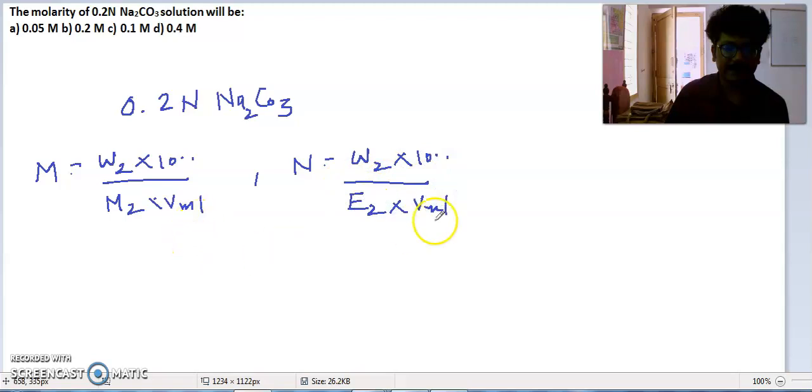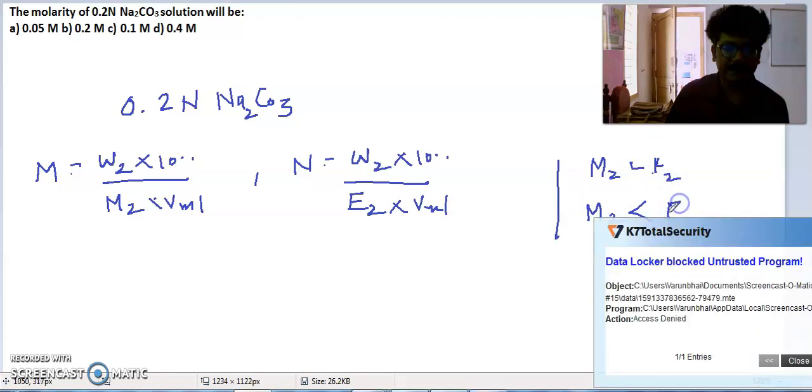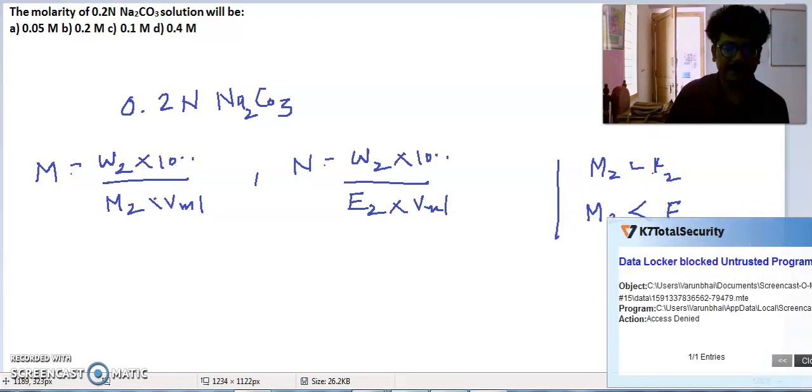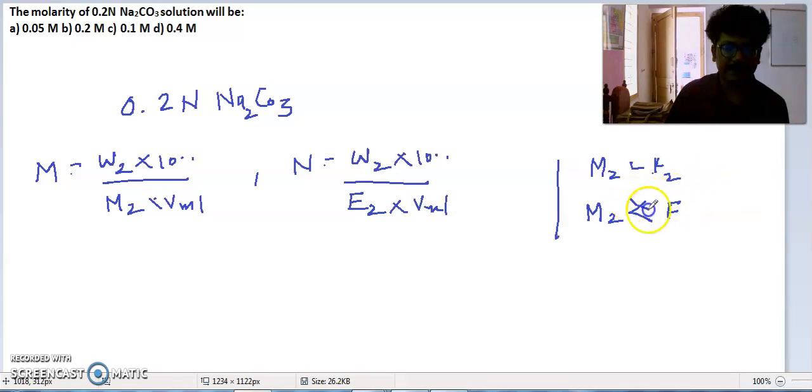And we know there are two possibilities: either molecular mass is equal to equivalent mass, or molecular mass is always greater than equivalent mass, because equivalent mass is molecular mass divided by ionizable H plus or OH minus.